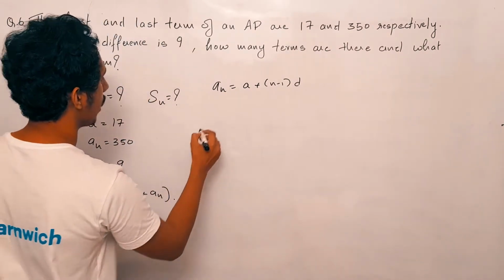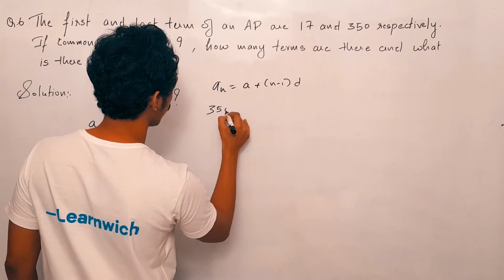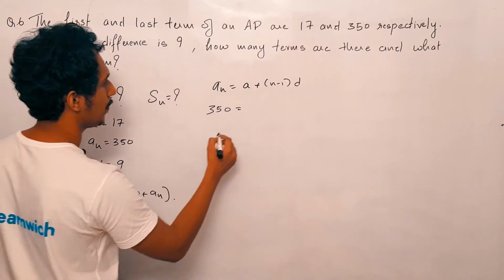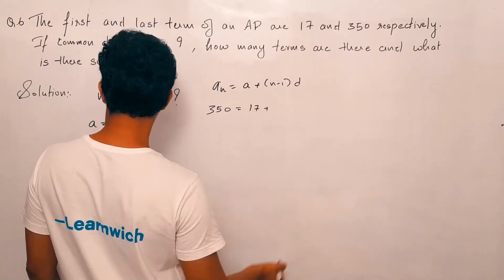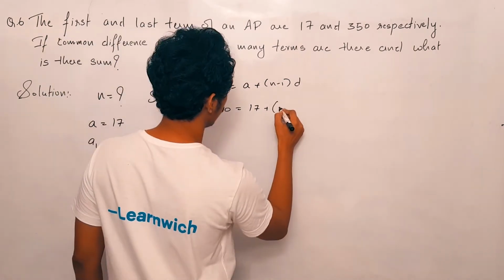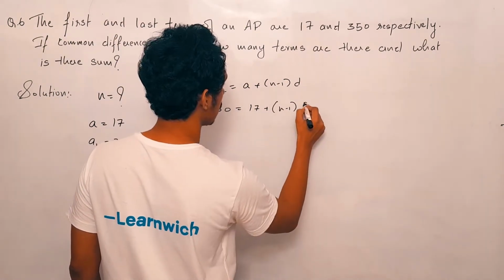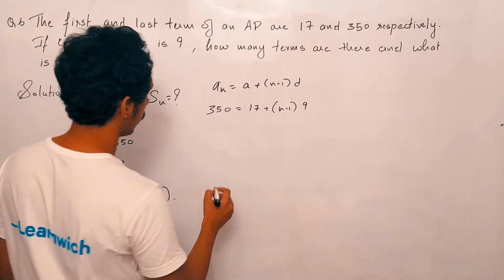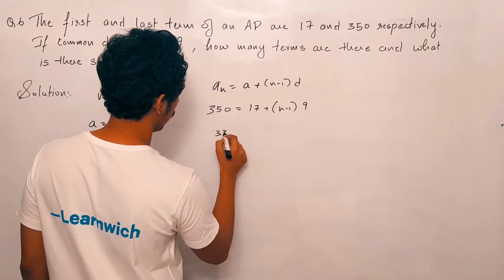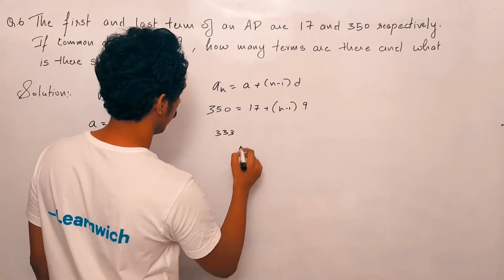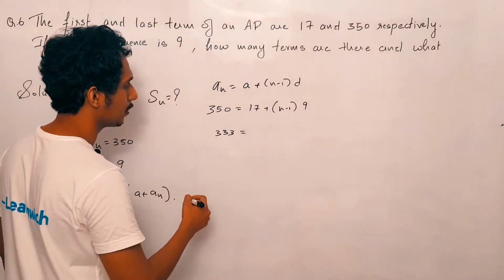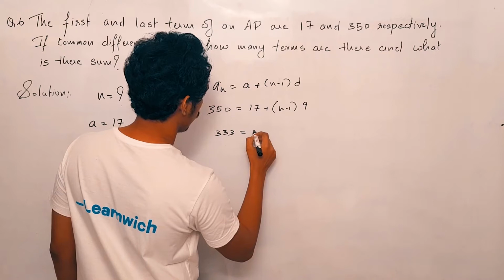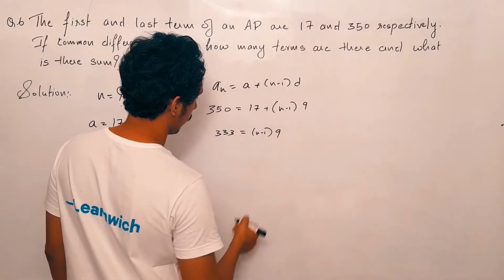What is an? 350 is equal to 17 plus n minus 1 into d. How much is d? d is 9. So this will be 333, am I right? 347, no, 333 is equal to n minus 1 into 9.